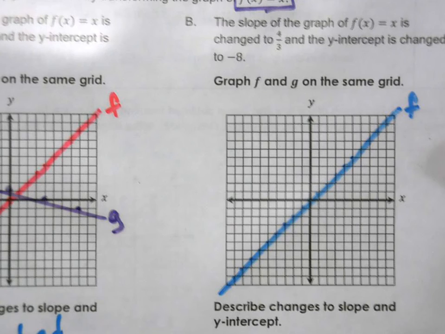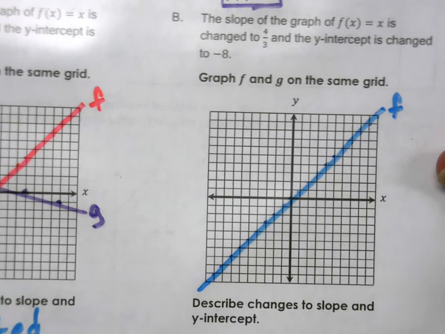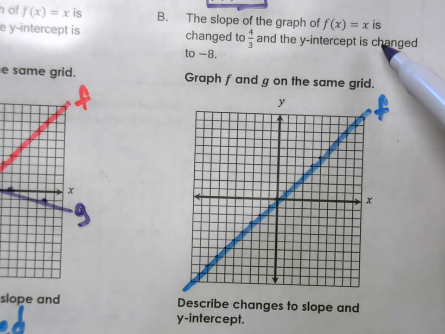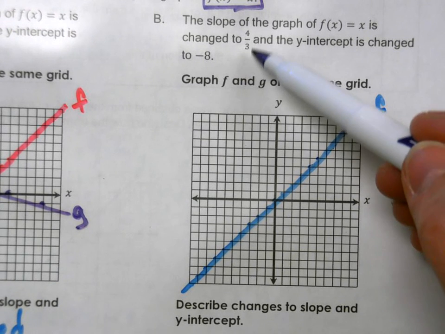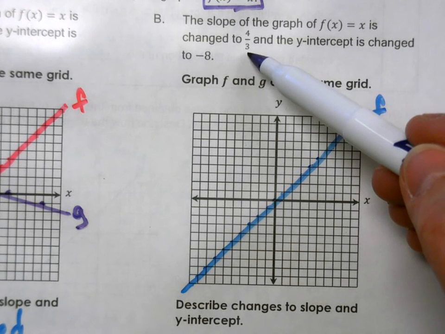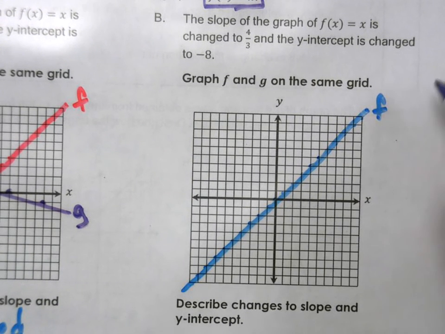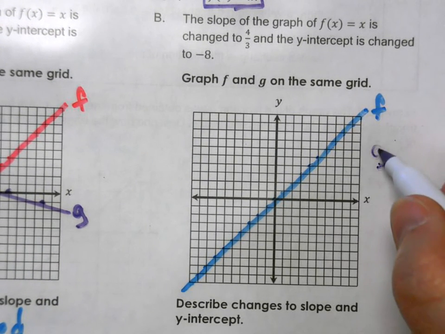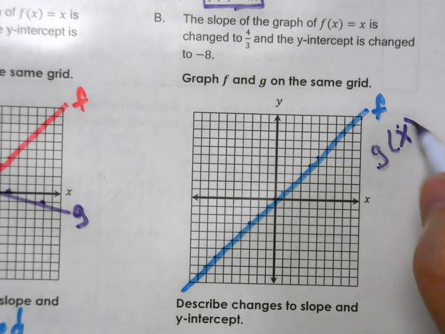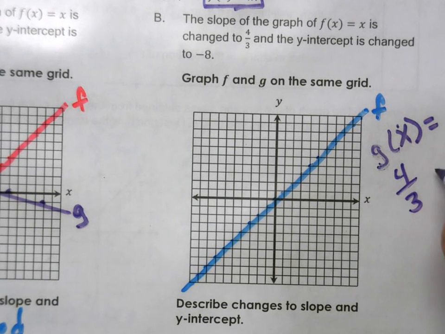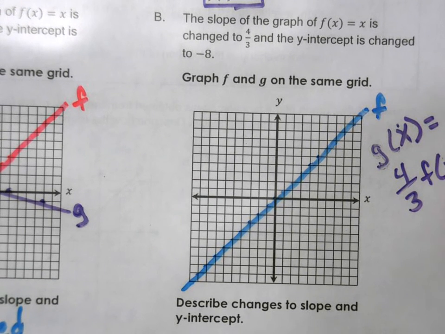And this last example says that it took the parent function again, and it changed the slope to 4/3, and the y-intercept changed to -8. So what's my equation going to look like? G of x equals 4/3 f of x minus 8.